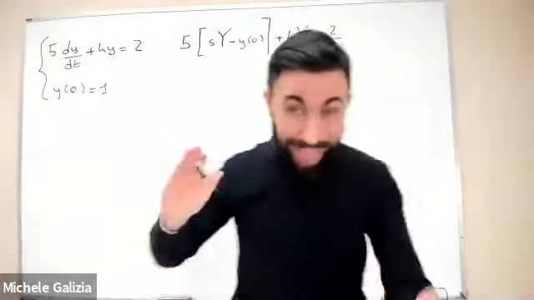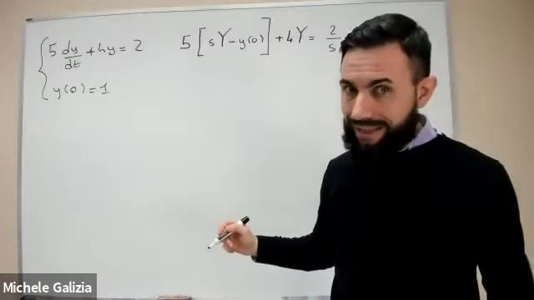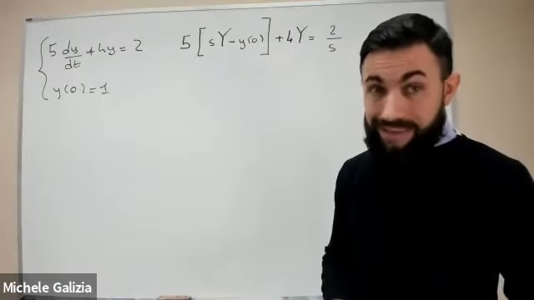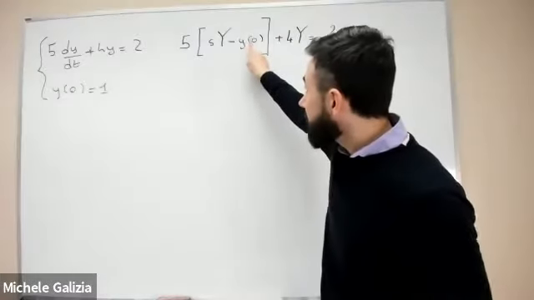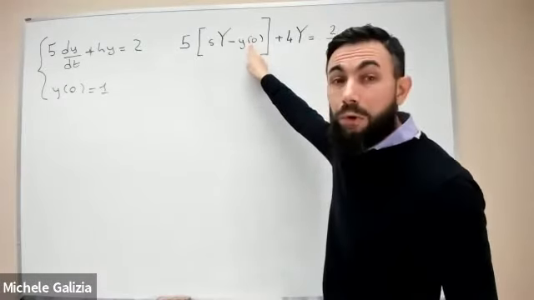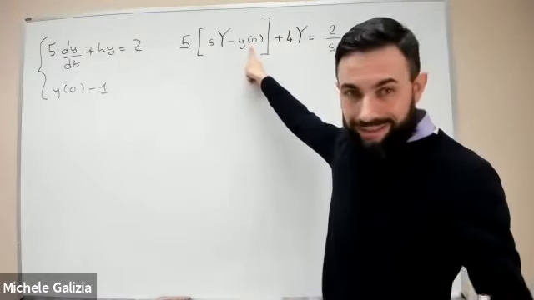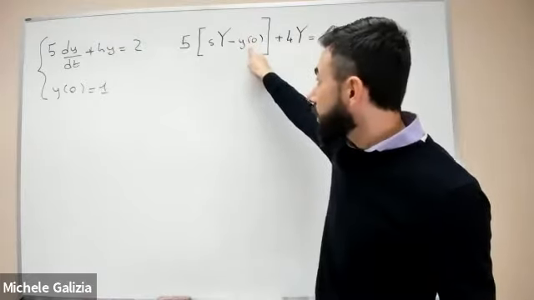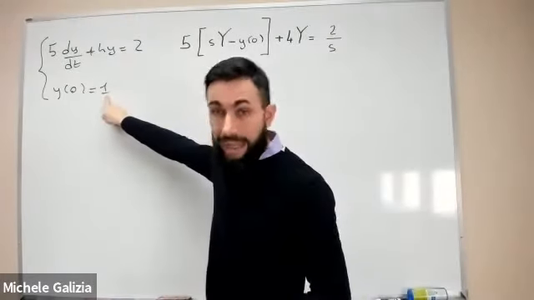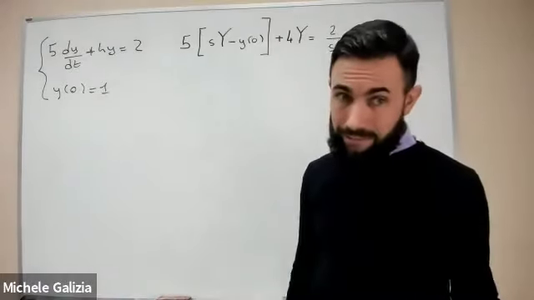And now you have to pay attention, because the system is not written in the deviation variable form. If the system were written in the deviation variable form, this term that I'm highlighting would be equal to 0. Since it is not, we have to keep in mind that this is not 0, but 1, as you can see in the initial condition. Make sense? Yes. Okay.